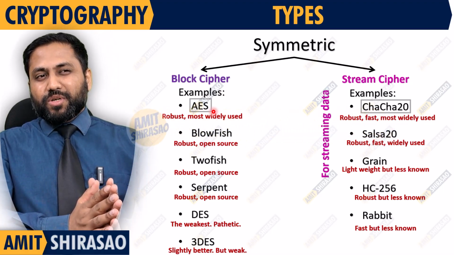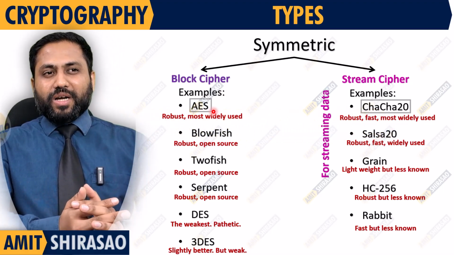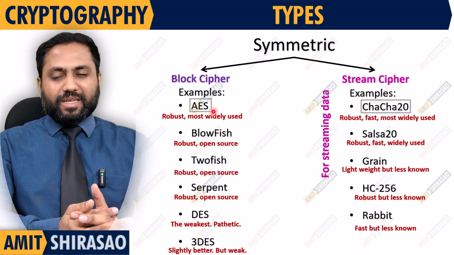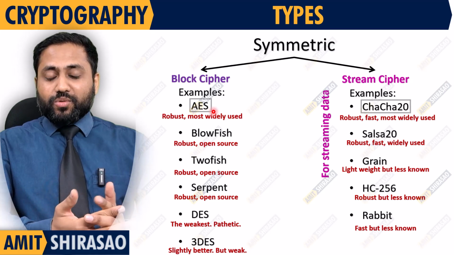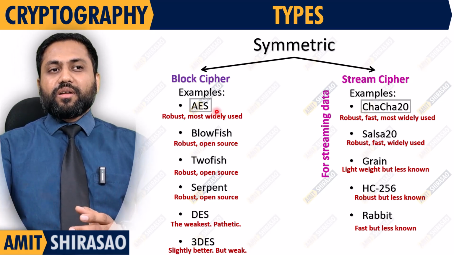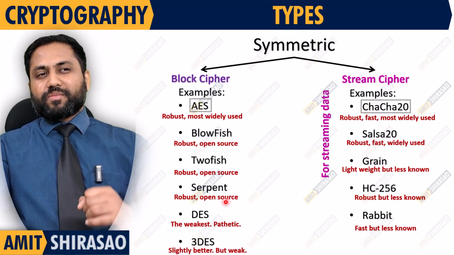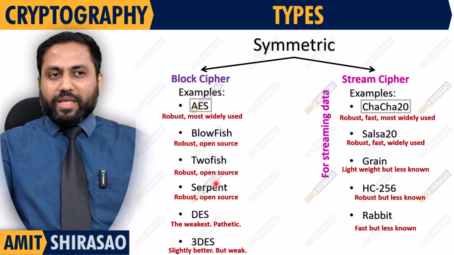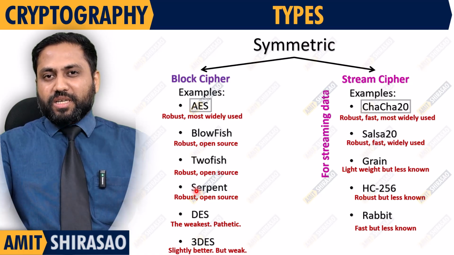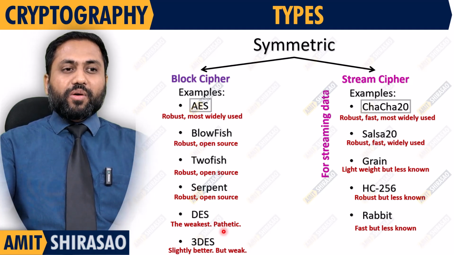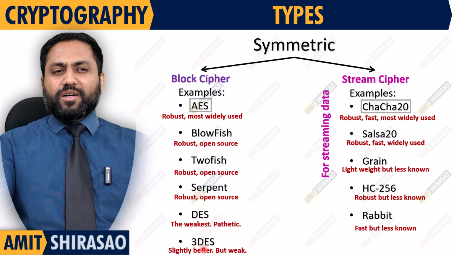I don't think the US would be doing this, but still people have their doubts, and that's why nowadays people normally go for open source ciphering algorithms. That is why Blowfish, Twofish and Serpent came into existence, because they were not developed by the US military.